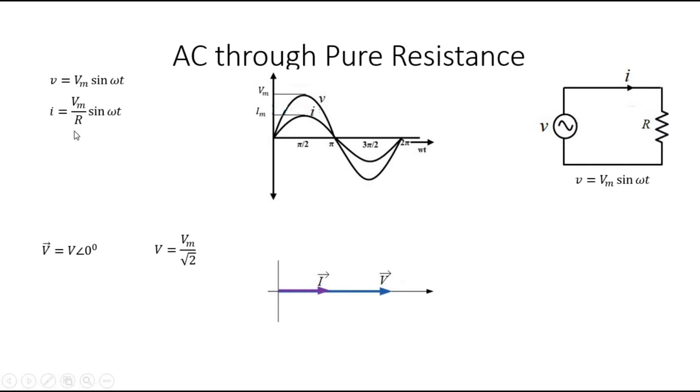And current I has magnitude V by R and angle 0. So that is the RMS value of current, which is the peak divided by root 2. So this is for AC through a pure resistive circuit. It should be noted that here the voltage and current are in phase. So it is called current is in phase with voltage in the case of a pure resistive circuit.